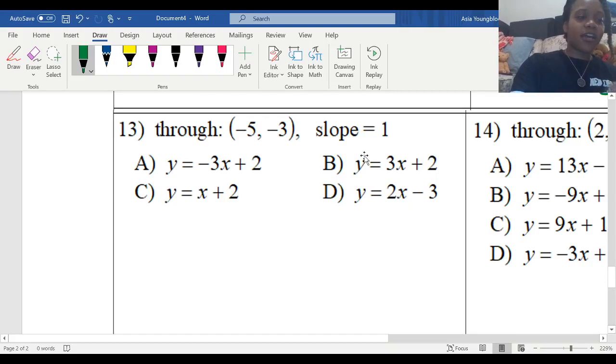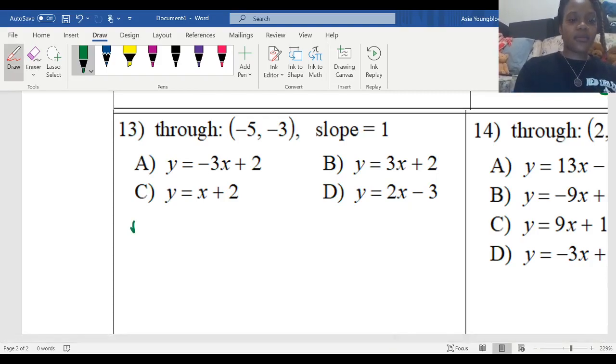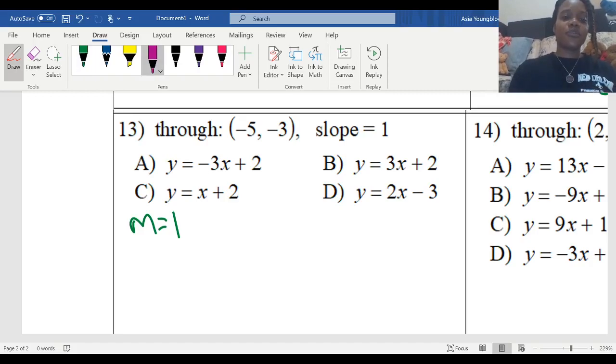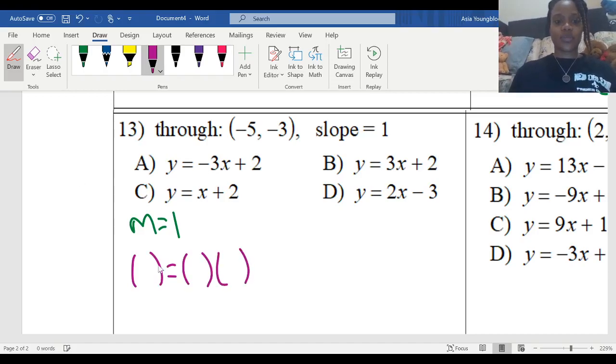So let's start by noting that we have the slope, so we have our m equals 1. And now we're actually going to use slope-intercept form to find our y-intercept. So remember, slope-intercept form is y equals mx plus b.